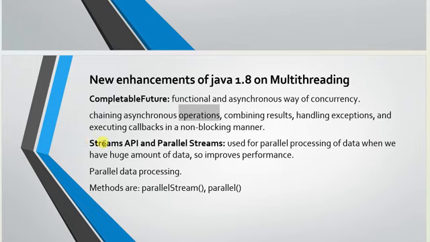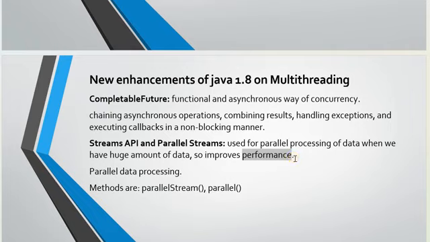In Java 1.8 they introduced the Stream API. Let's see the Stream API and parallel streams. These are used for parallel processing of data when we have a huge amount of data, which improves performance.